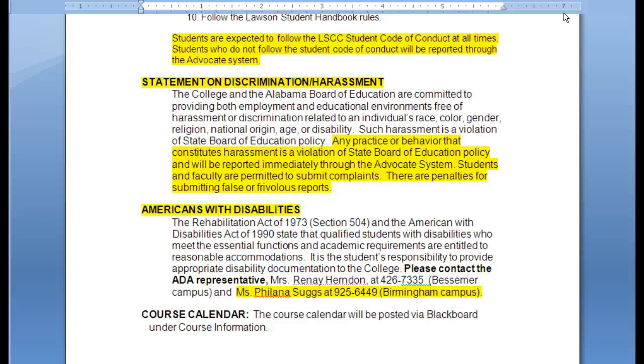If you had accommodations in a previous semester or at a previous school, you need to see them and get a new letter. Things do not carry over from one semester to another or from one school to another. It is absolutely essential that if you need support for working with a disability, that you get that support. So please make sure that you're following through and being a good advocate for yourself and for the needs that you have.